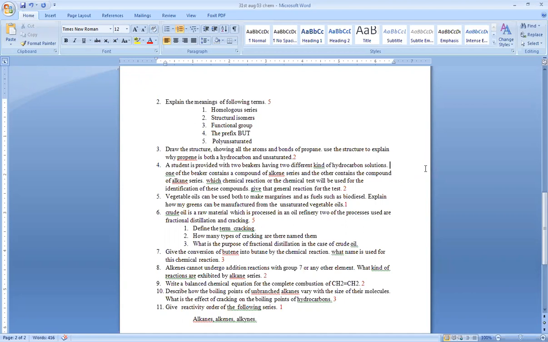This is basically a question related to the bromine water test. The bromine water test is used for identifying the presence of unsaturation. For example, if you have been provided with a number of solutions and you have to identify which ones have unsaturation in them, you can use bromine water.